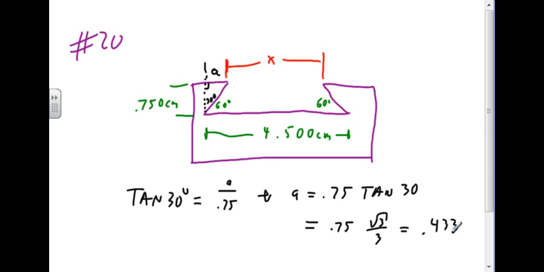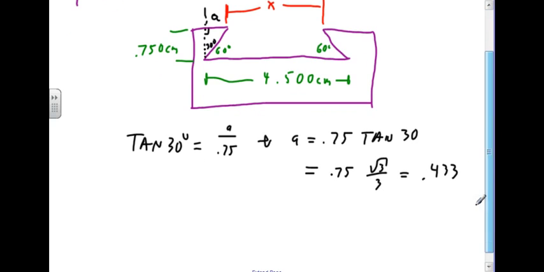Now we're going to go 0.75 times the square root of 3 divided by 3, and I get the same answer. So you could do it either way. All right, so now I know what A is. So now x is 4.5 minus 2 times 0.433.